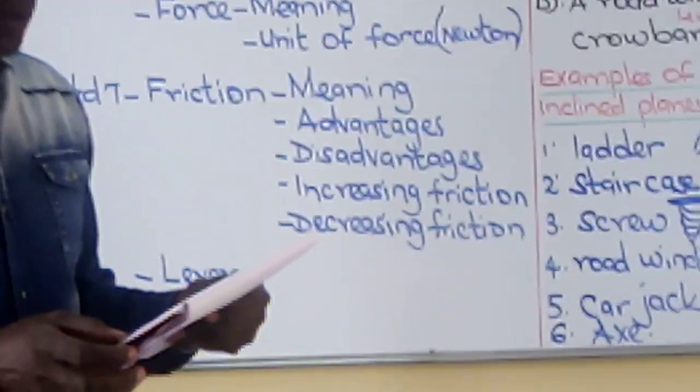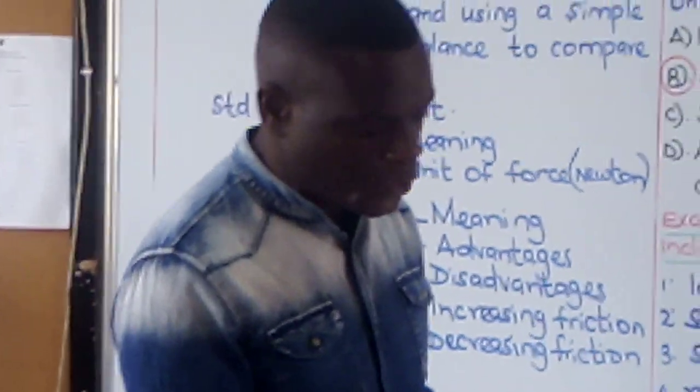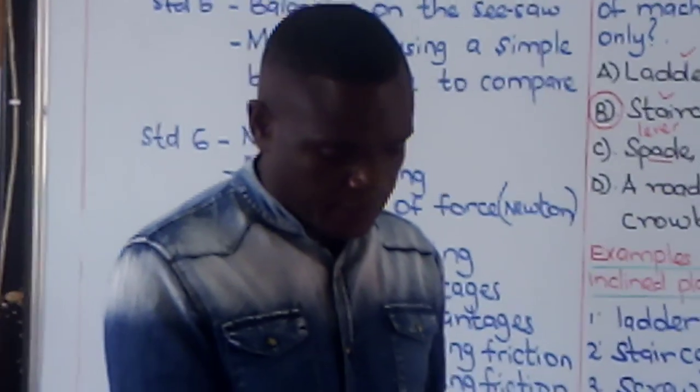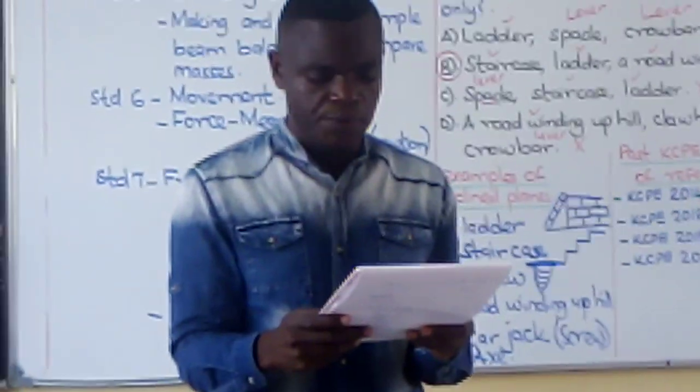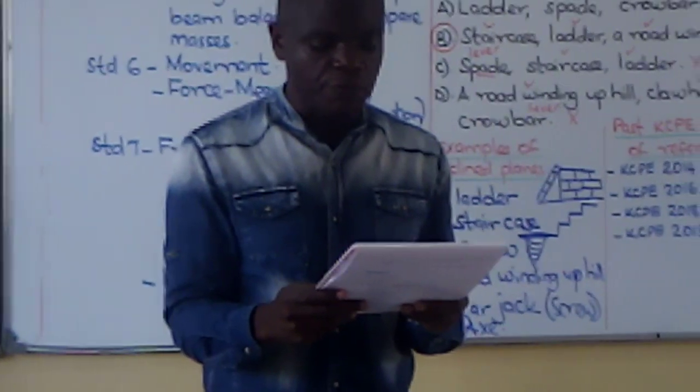Question 50, 2018 and 29 talk about levers. Question 20 of 2017 is about levers. Question 49 of 2016 is about levers. 2015, question 32 is about levers. 2014, question 49 is about levers.